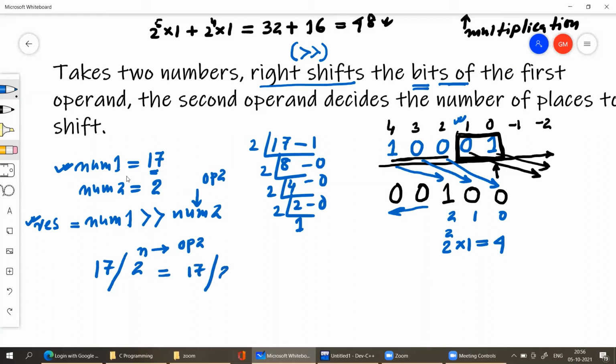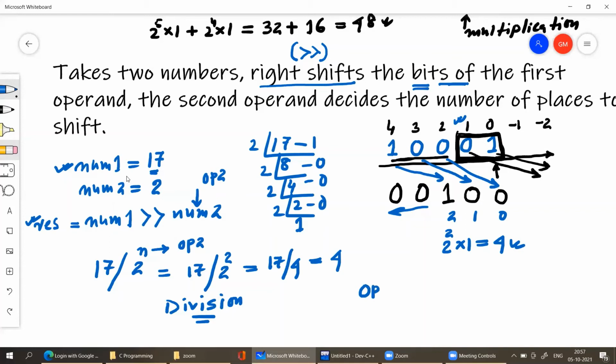So let's solve this. 17 divided by 2 to the power 2, so 17 divided by 4. It is integer division, so what will be the result? 4 will be the result. See, we get the result back. So this right shift operation is nothing but a division. What is the equation here?